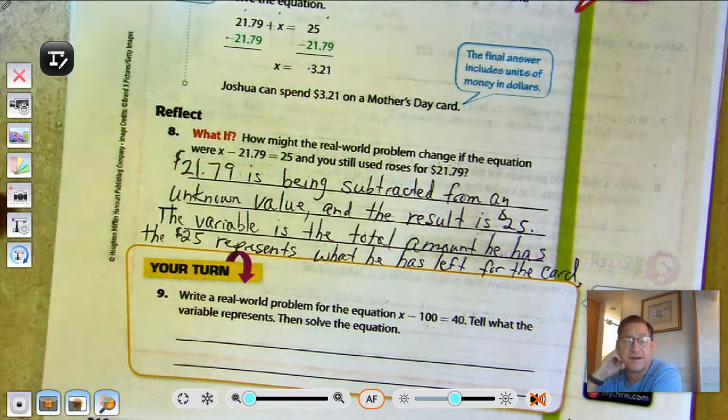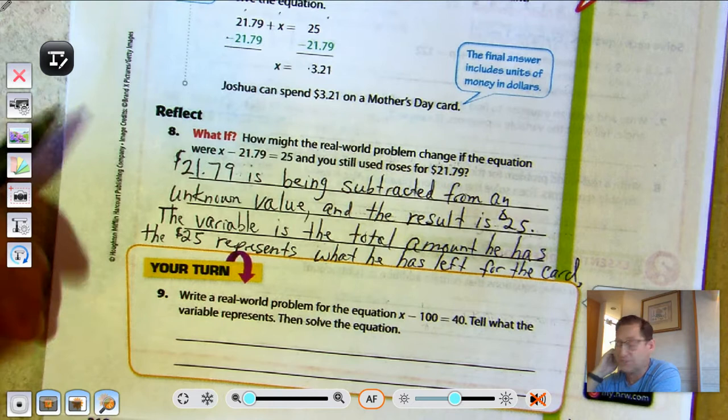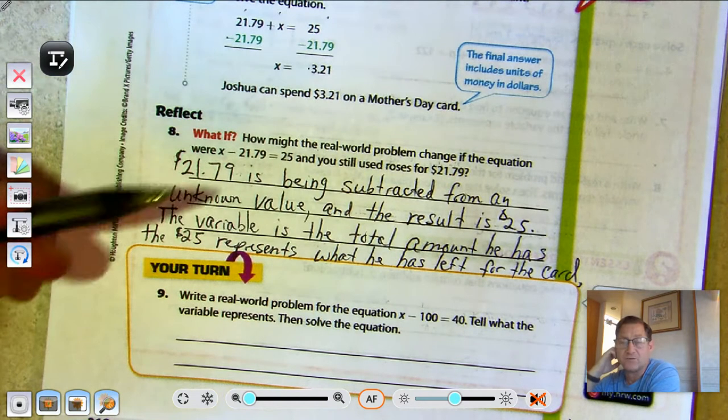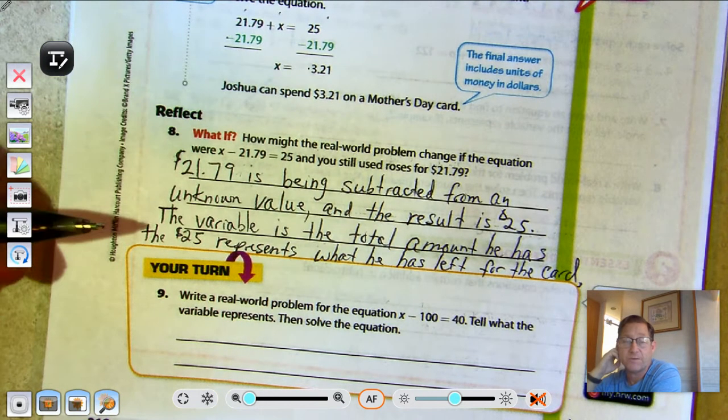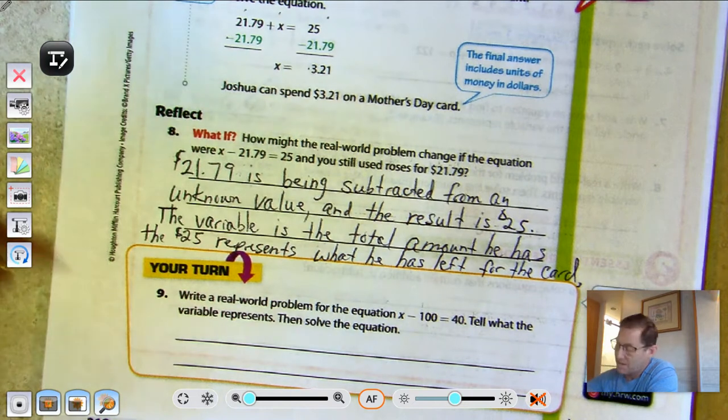Okay. So number 9, write a real-world problem for the equation x minus 100 equals 140. Tell what the variable represents, then solve the equation.